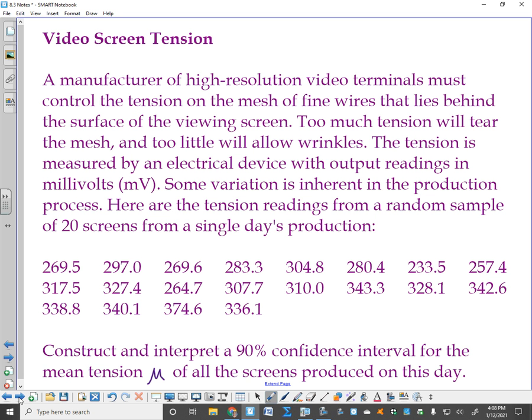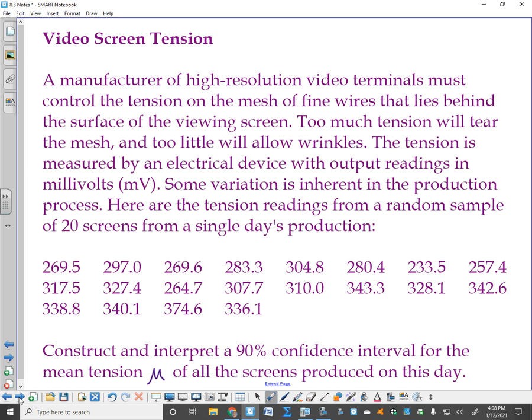A manufacturer of high-resolution video terminals must control the tension on the mesh of fine wires that lies behind the surface of the viewing screen. Too much tension will tear the mesh, and too little will allow wrinkles. The tension is measured by an electrical device with output readings in millivolts.